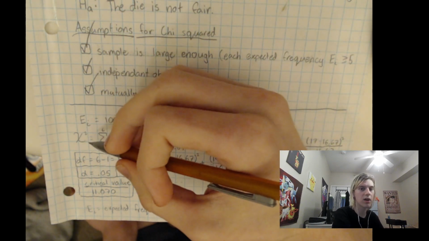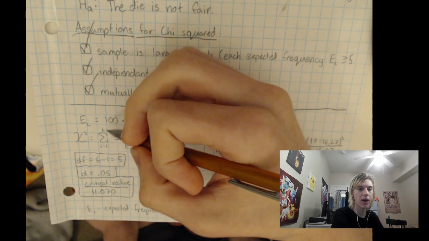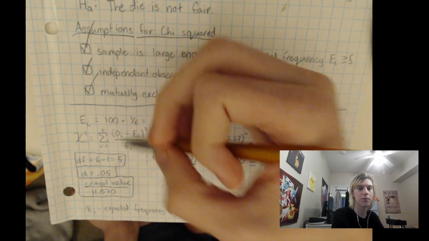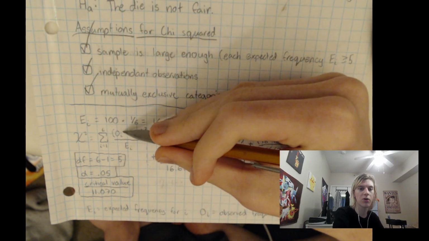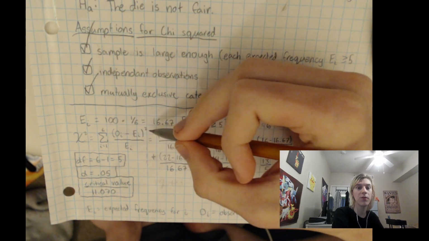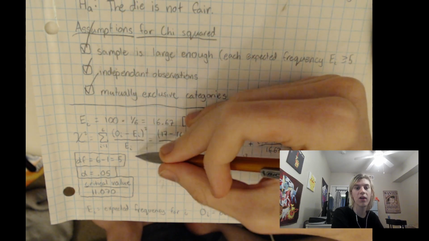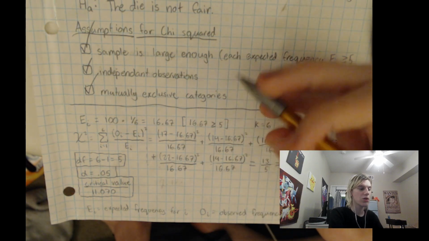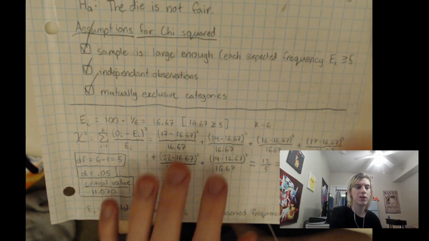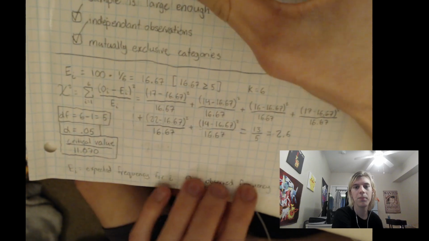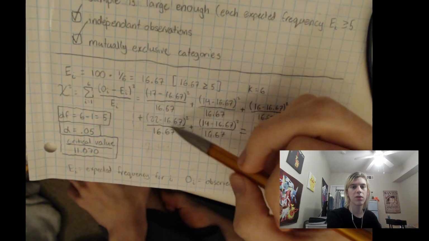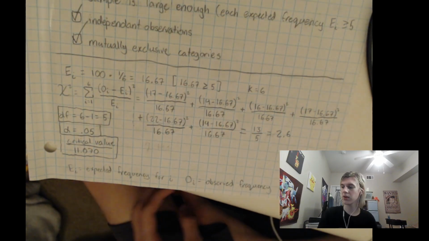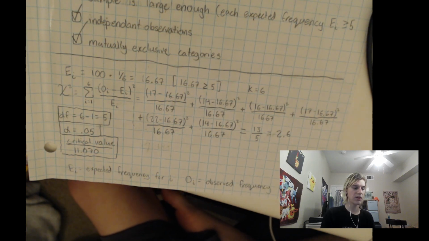So chi-squared is equal to the summation, for each category, of the observed frequency minus the expected frequency, squared, over the expected frequency. So I wrote that all out here and summed them all up, and I did the calculation for that.